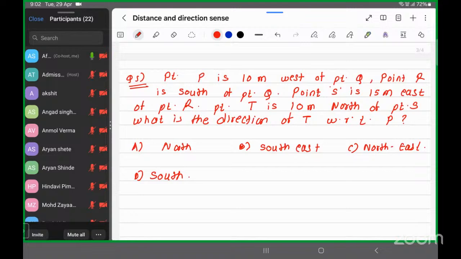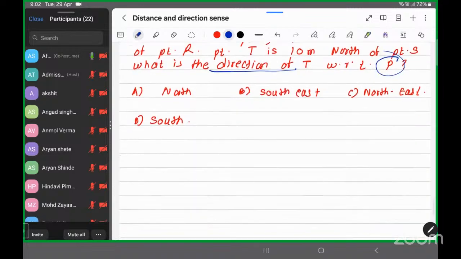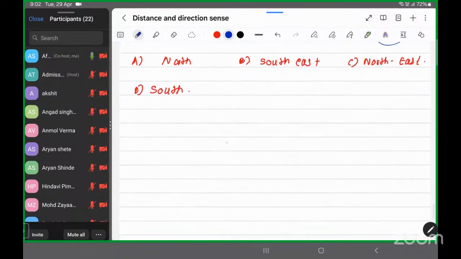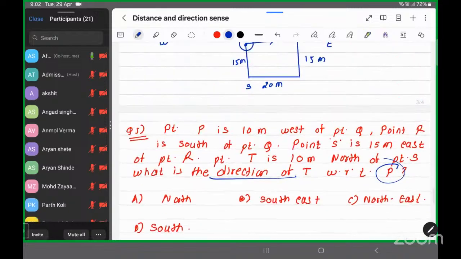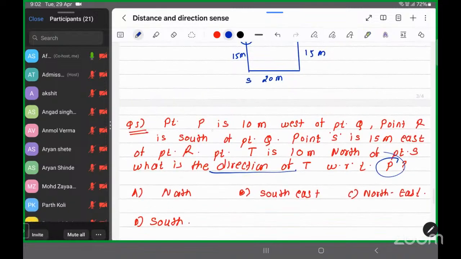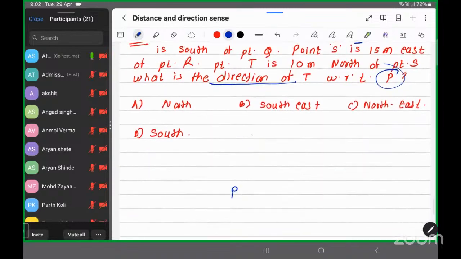One more thing you have to remember: it will ask the direction of T with respect to P, na. So firstly we fix the point P. P is 10 meter west of Q, na. Now listen carefully. This is the NEWS.